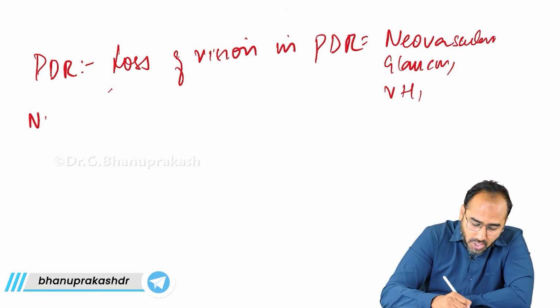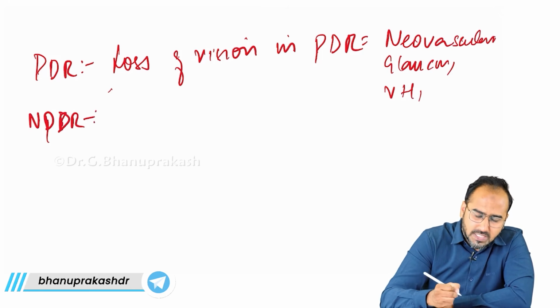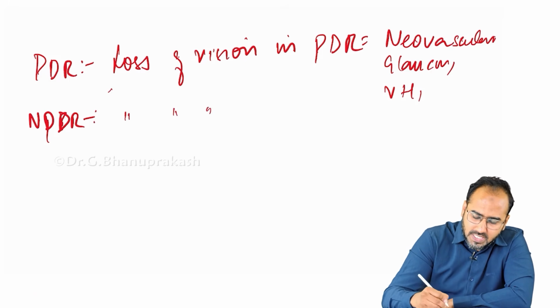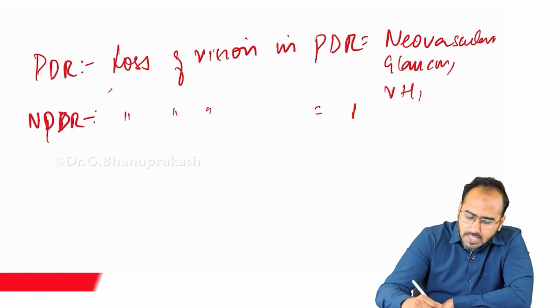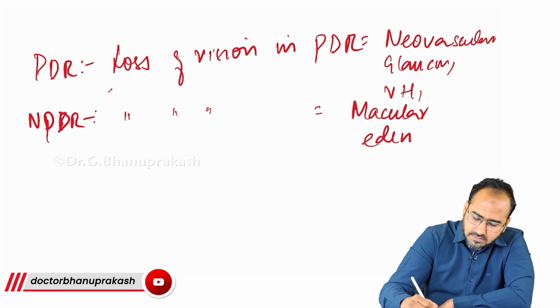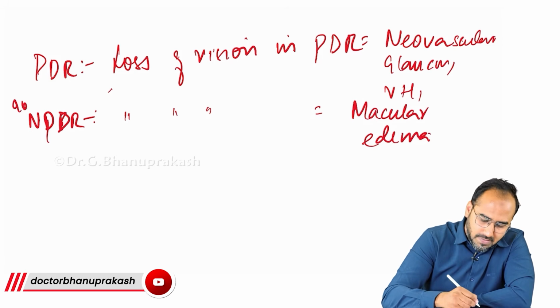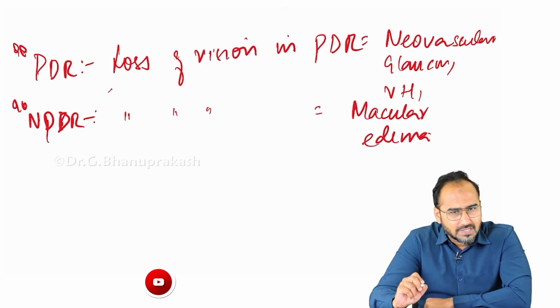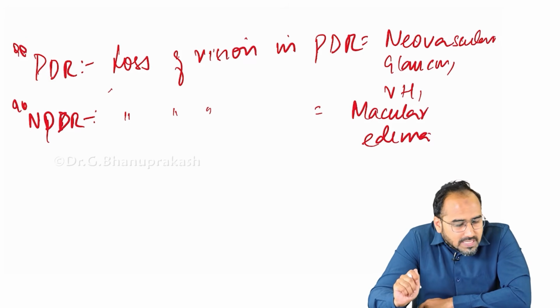Whereas in non-proliferative diabetic retinopathy, there are no new blood vessels being formed. What will you see? The patient will have loss of vision due to macular edema. Right?